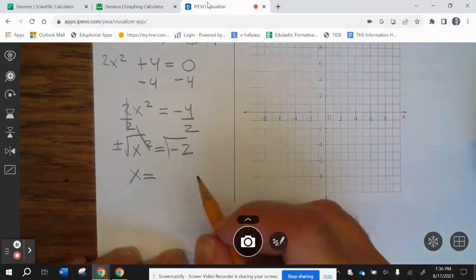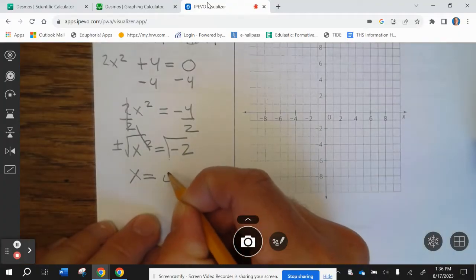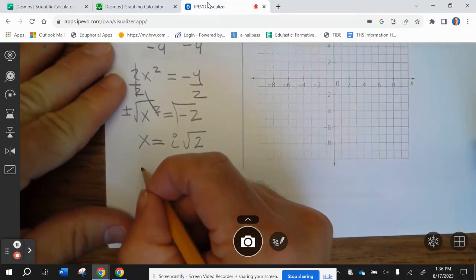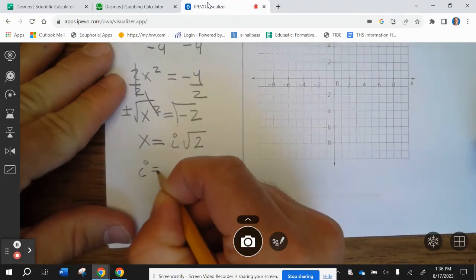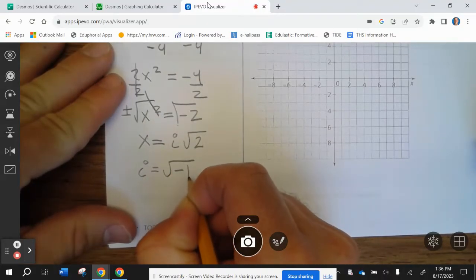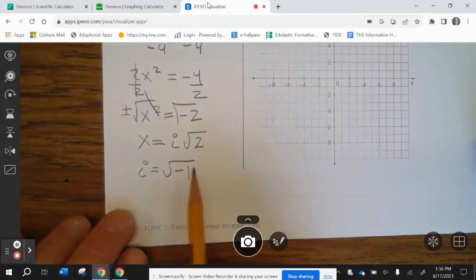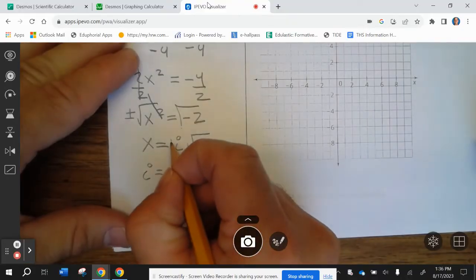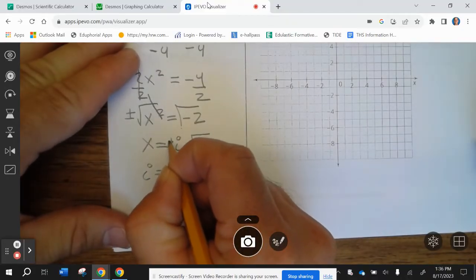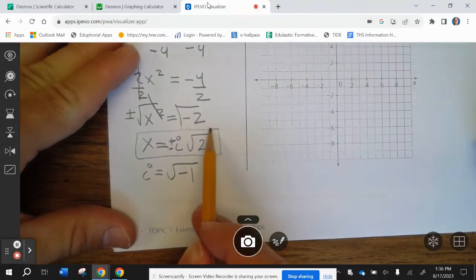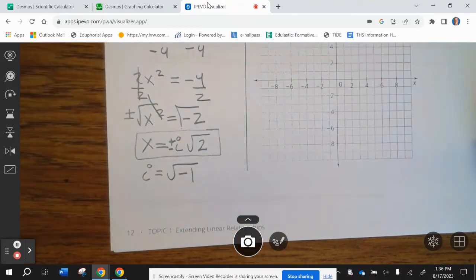The square root of negative 2 is i times the square root of 2, because i is equal to the square root of negative 1. Okay, so this is an imaginary number. Almost forgot plus or minus. Okay, so that doesn't really make much sense when we're trying to find the solution.